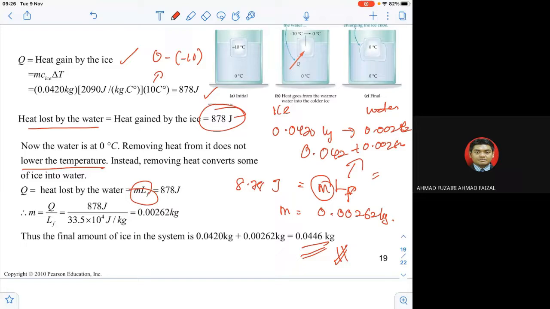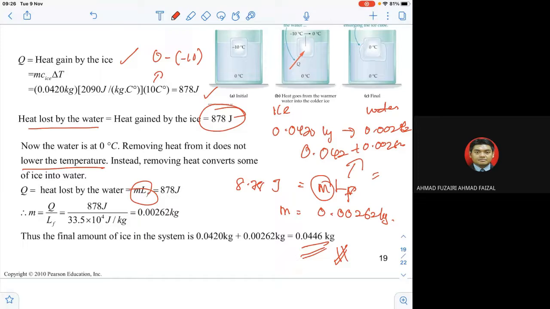At this point, the value is very small compared to the one that we did, because it just involved a little bit of heat, and we cannot contain a lot of kilograms. So 0.042 kilogram is the original mass of the ice.